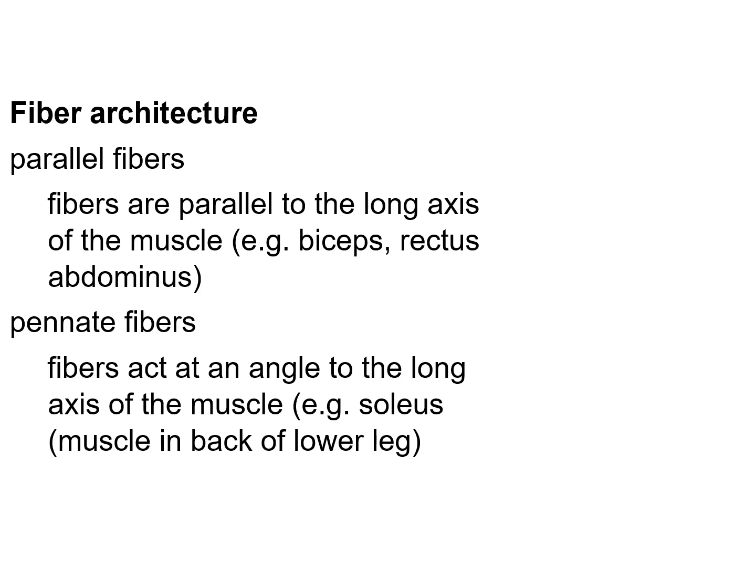Then we have pennate muscle fibers. These are fibers that act at an angle to the long axis of a muscle. These are your gastrocnemius and soleus muscles in the back of your lower leg, your calf muscles.